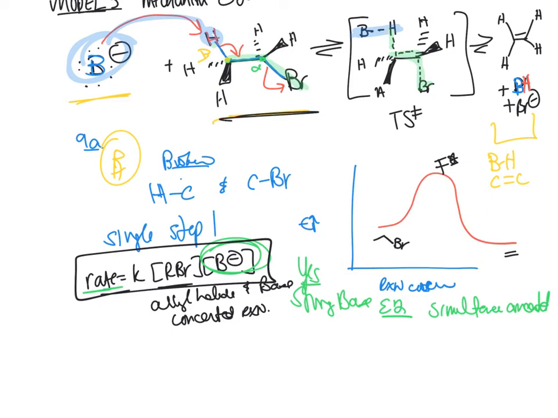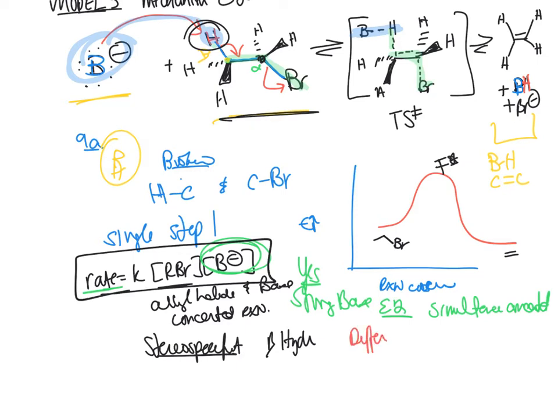It's both concerted. You're going to find that they're both stereospecific. So where you have backside attack for the leaving group, here you're going to have backside attack for that hydrogen, the beta hydrogen. So that's called stereospecific. So that's the similarities. Now what's the difference?